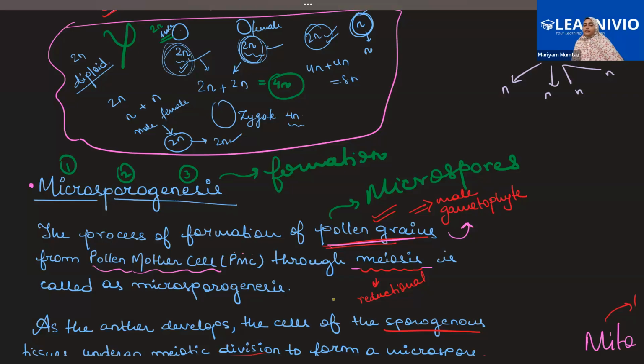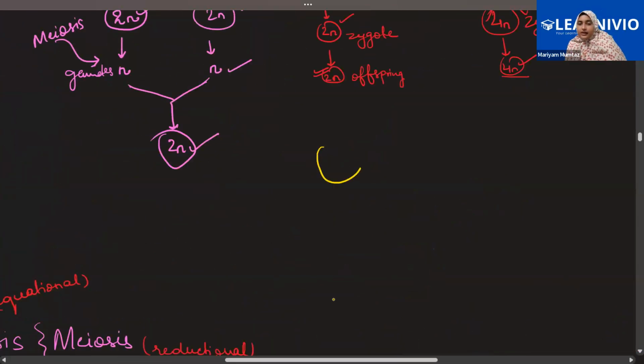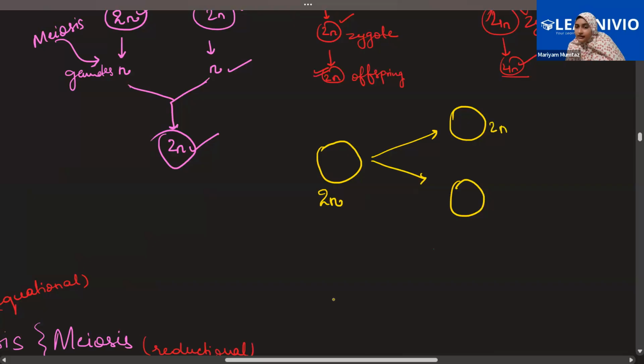Now, do you know the difference between mitosis and meiosis? See, mitosis is equational division. For example, if there is one cell that is diploid, meaning 2 sets of chromosomes are present, when this cell divides, it will form 2 daughter cells and both of them will be diploid.